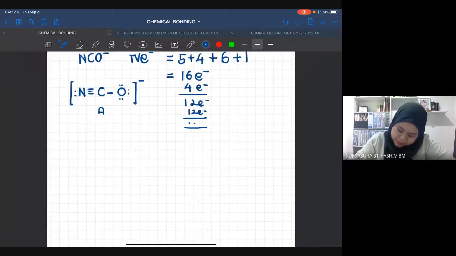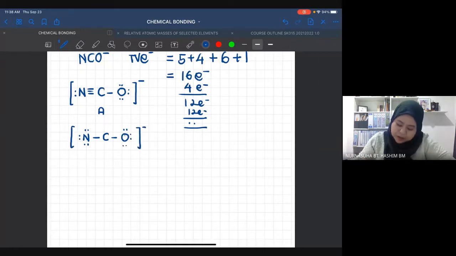Okay, another possible structure tadi kan macam gini. Okay, another possible structure is I form double bond here and double bond between carbon and oxygen.